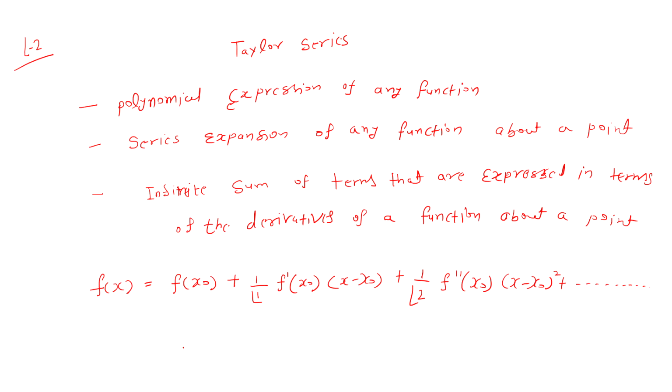So if I write down the compact form of this Taylor series, then it will be n going from 0 to infinity 1 upon factorial n, f to the power n at x naught, this is nth derivative of this function at this point x naught, x minus x naught to the power n.